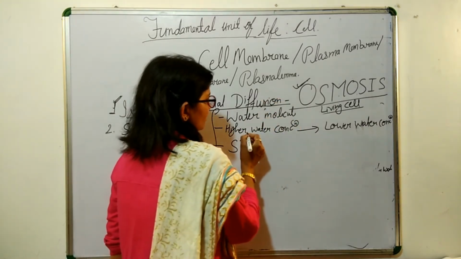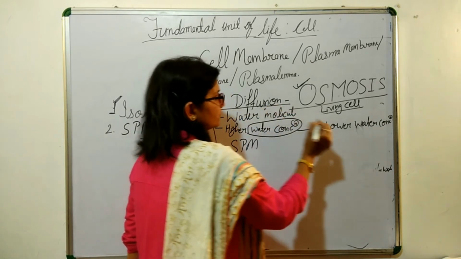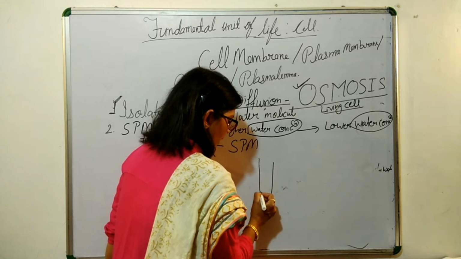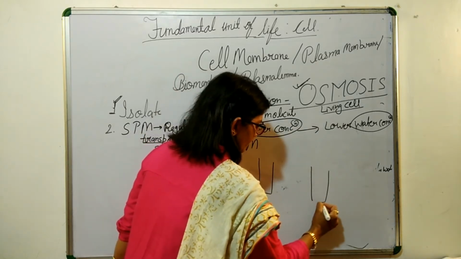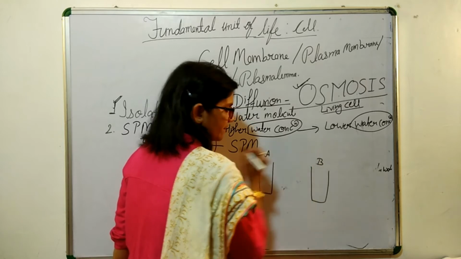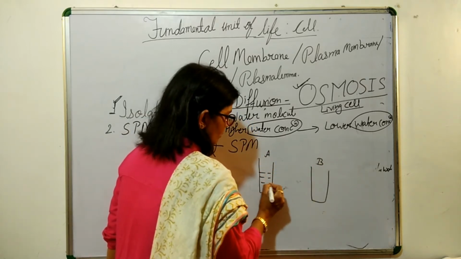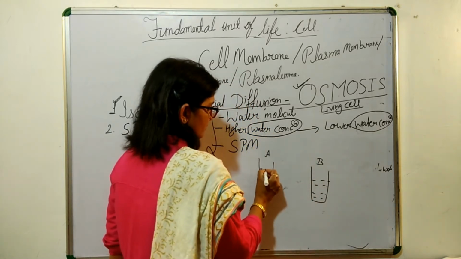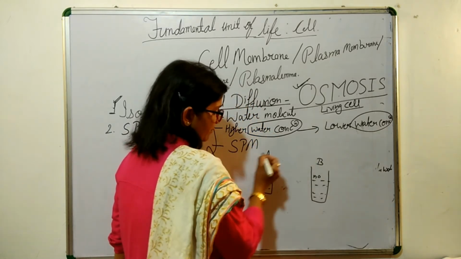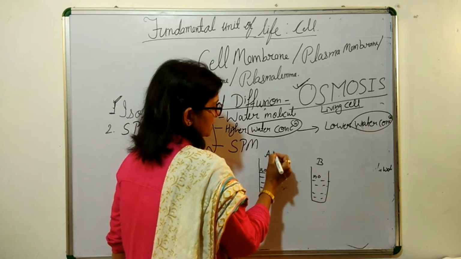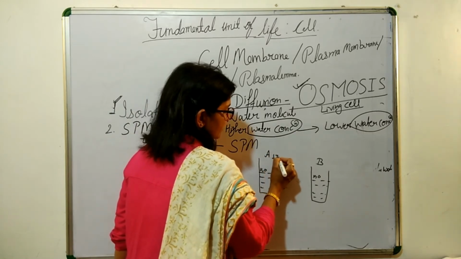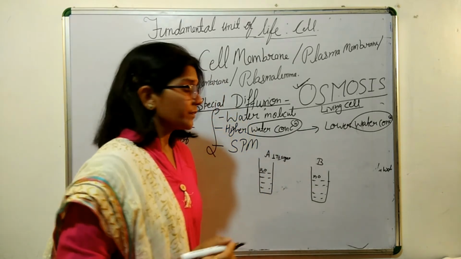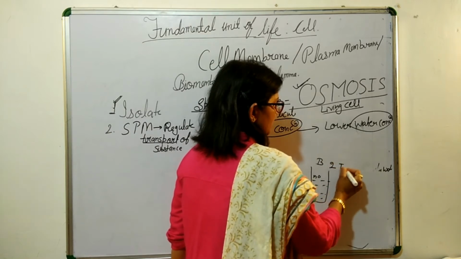Before this, I would like to explain the term water concentration. Suppose you are taking two beakers, A and B, having the same amount of water. In beaker A, you are putting 1 tablespoon of sugar. In B, 2 tablespoons of sugar.